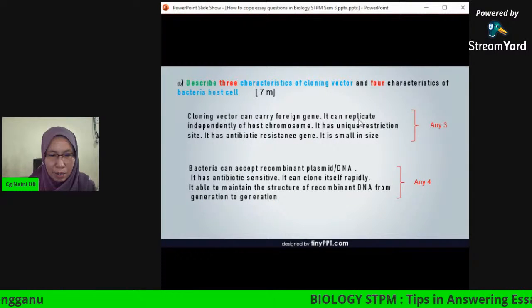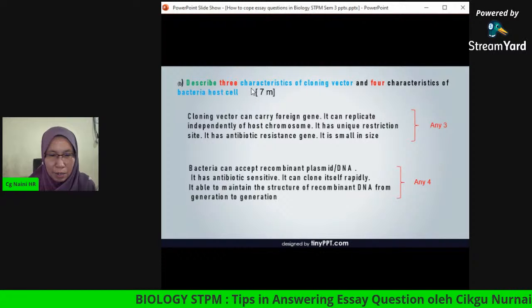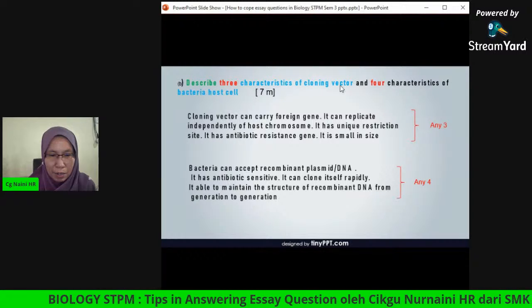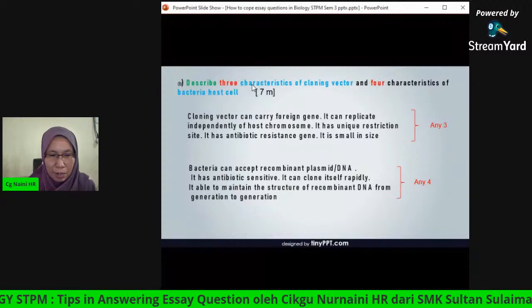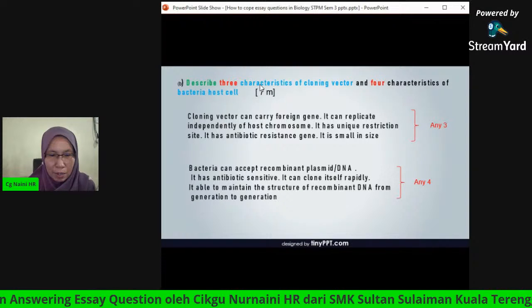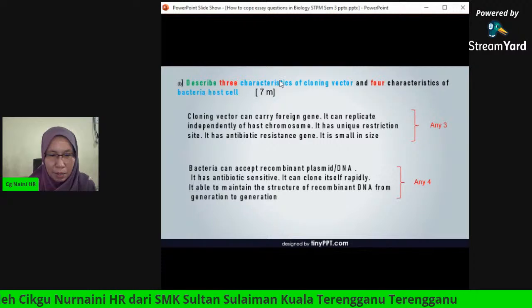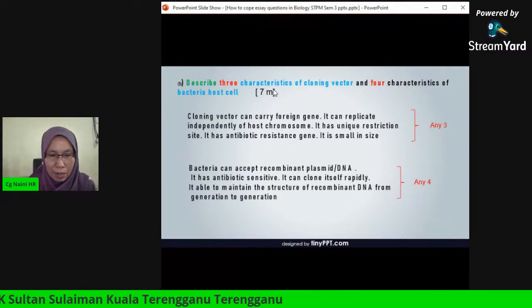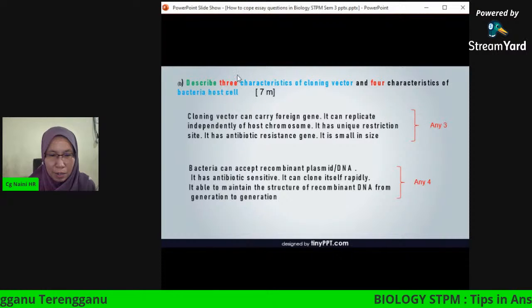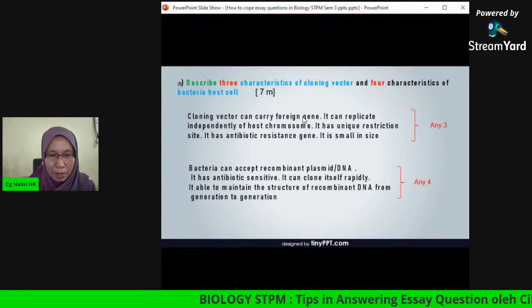And then if you see the question that says describe the 3 characteristics of a cloning vector, describe means you have characteristics and then you must describe them, not state. Also describe 4 characteristics of a bacteria host cell. So 3 characteristics, 3 descriptions. Cloning vector can carry foreign gene.